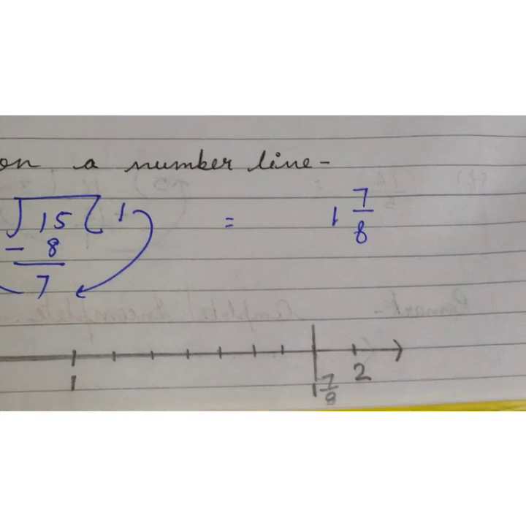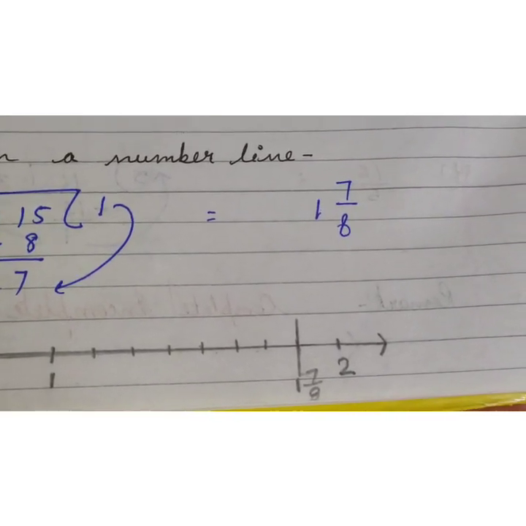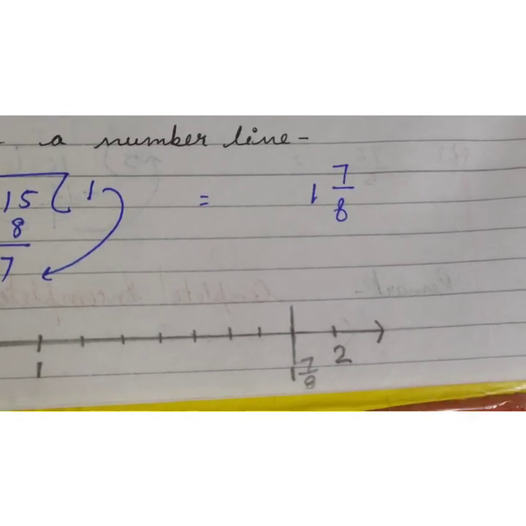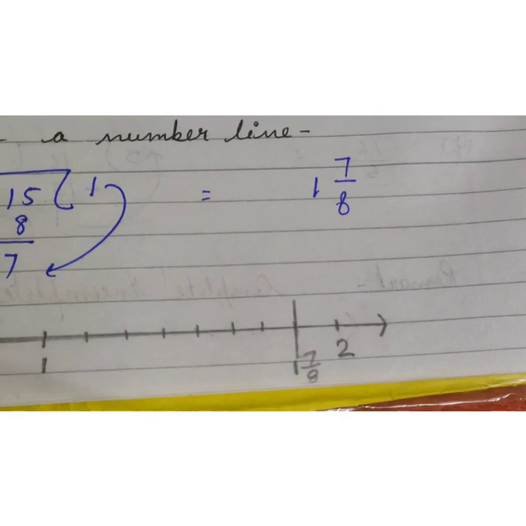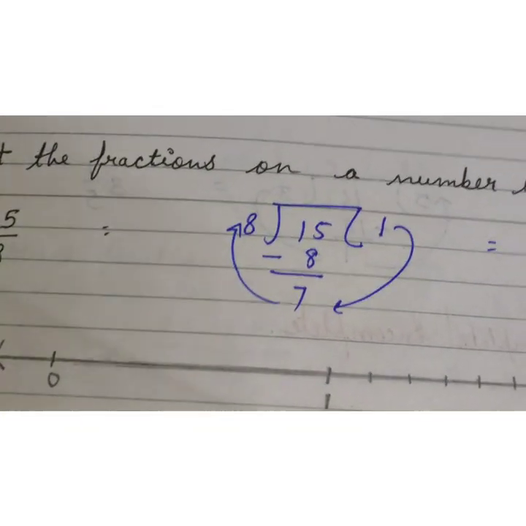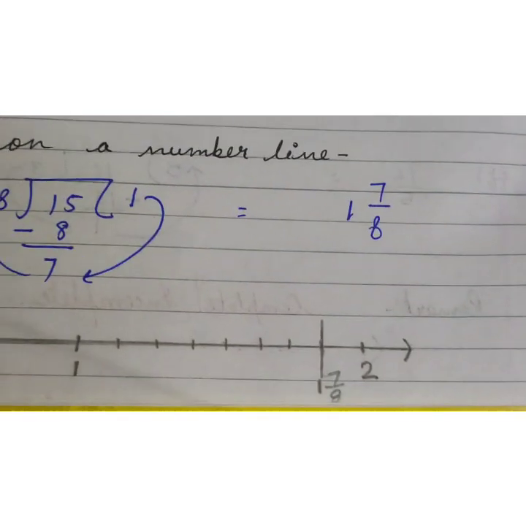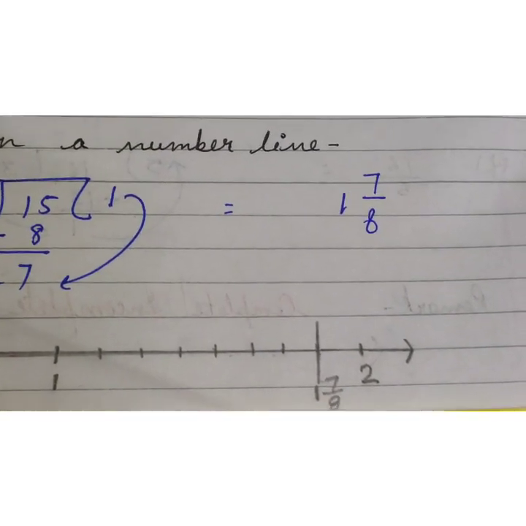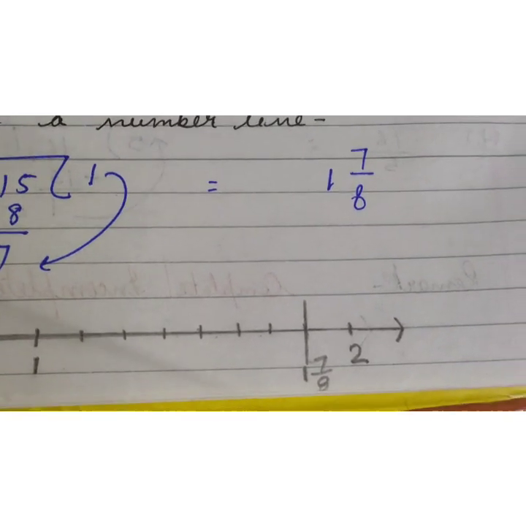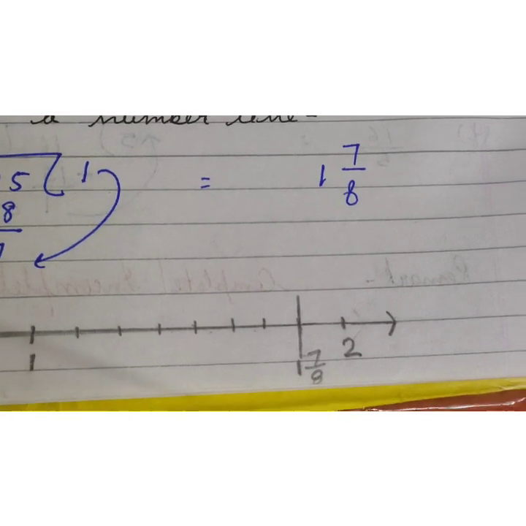So firstly you have to divide the space between 1 and 2 into 8 equal parts. After the 1 you will divide this line. Between 0 and 1 you will not divide anything because this 1 you have to take as the whole. Then you will divide this distance into 8 equal parts. You can see here I have divided it into 8 equal parts with the help of a scale.